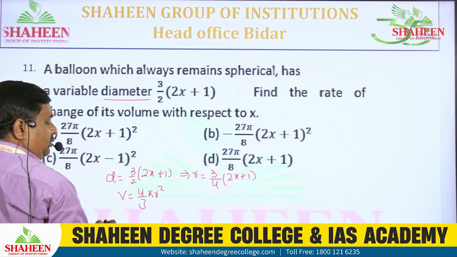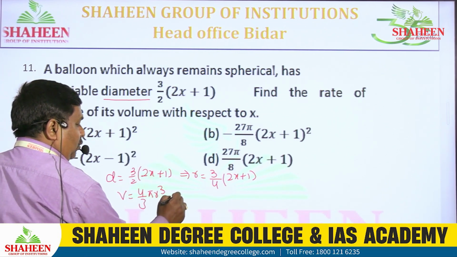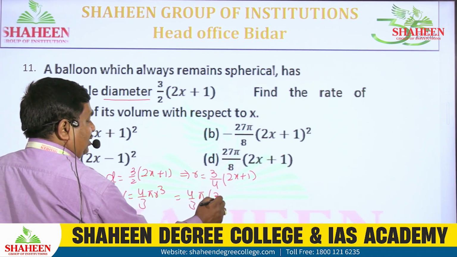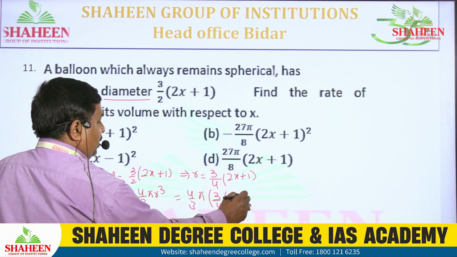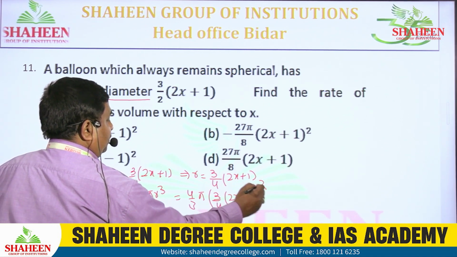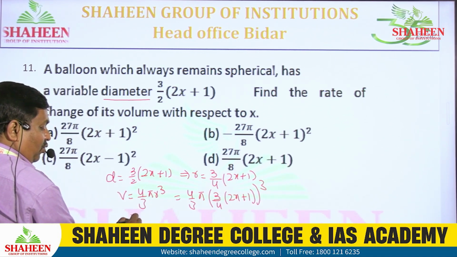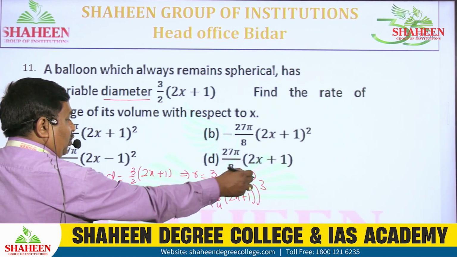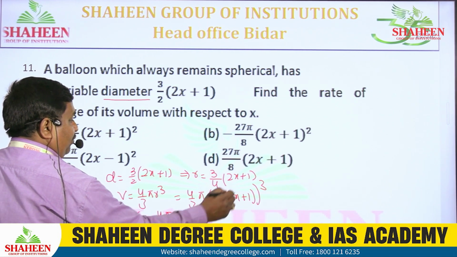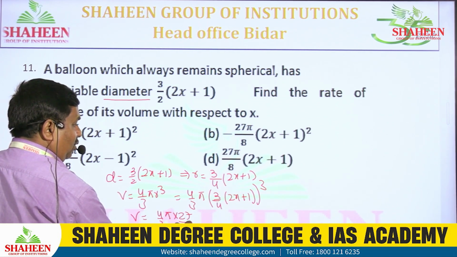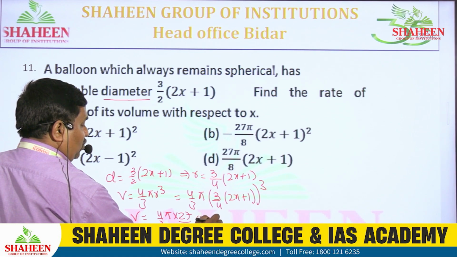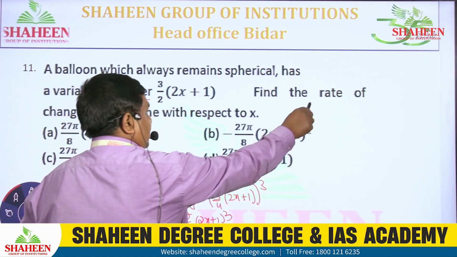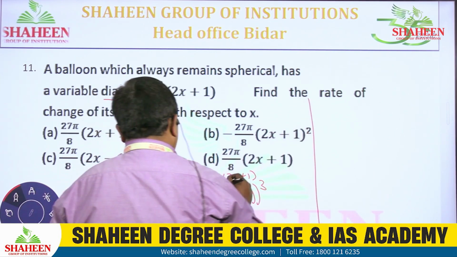The r value is 3 by 4 into (2x plus 1), whole cubed. So V is equal to 4 by 3 pi, 3 cubed is 27 and 4 cubed is 64, into (2x plus 1) whole cubed.